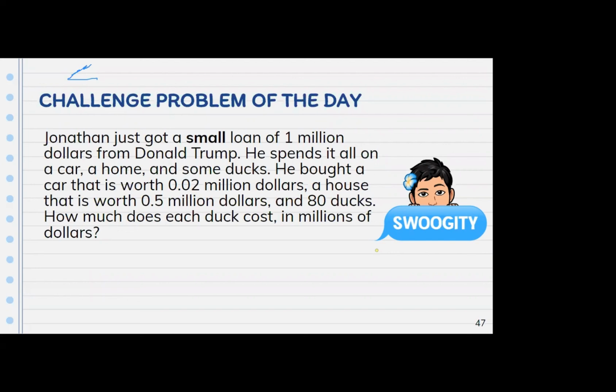I like to buy a lot of ducks because I got $1 million and I don't know what else to spend it on. I bought a house, I bought a car. That's all I need. I just get ducks.